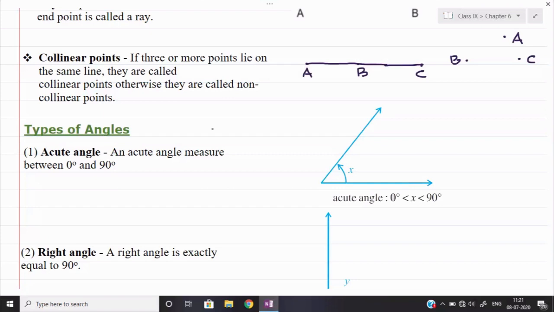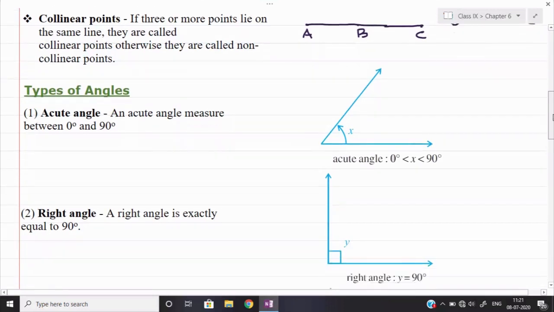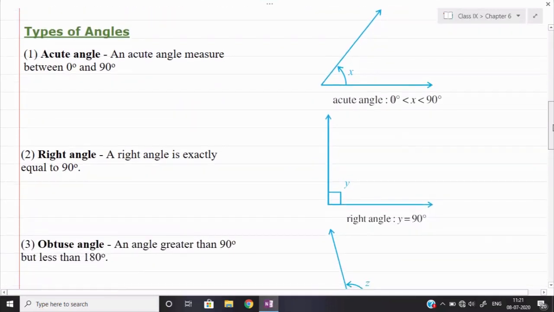Okay. Now some of the basic angles we shall study. What types of angles we have. However, you know them very well, but once again we can study it. See, first of all, I will make clear what the meaning of an angle is. Angle means, suppose you draw two lines, or I say two rays, in a more proper manner.